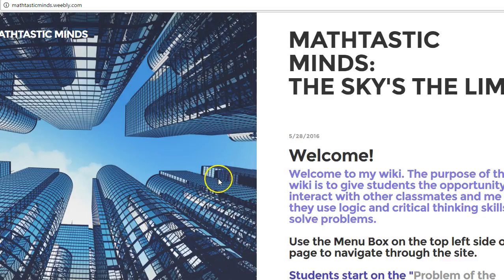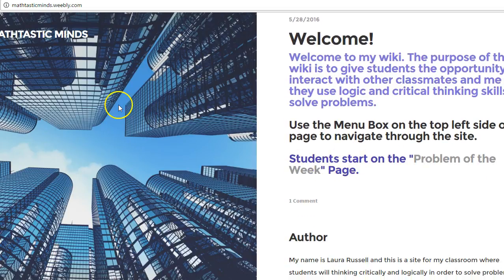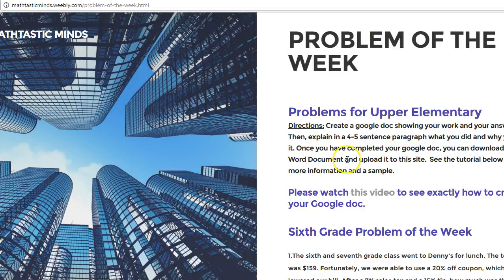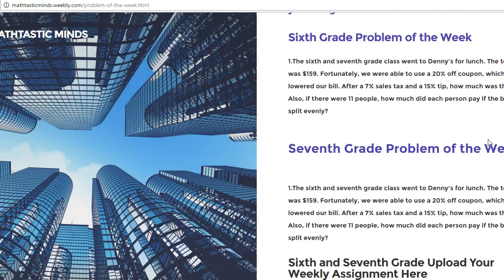And so this is just another resource for them to use, and the part that they use on a weekly basis, and we do use this in class now, would be the problem of the week. We just finished a unit on percents, and so their problem of the week was all about percents.